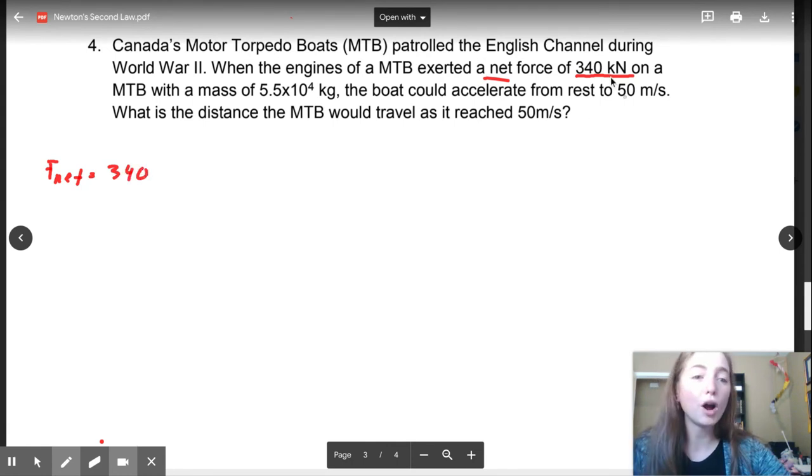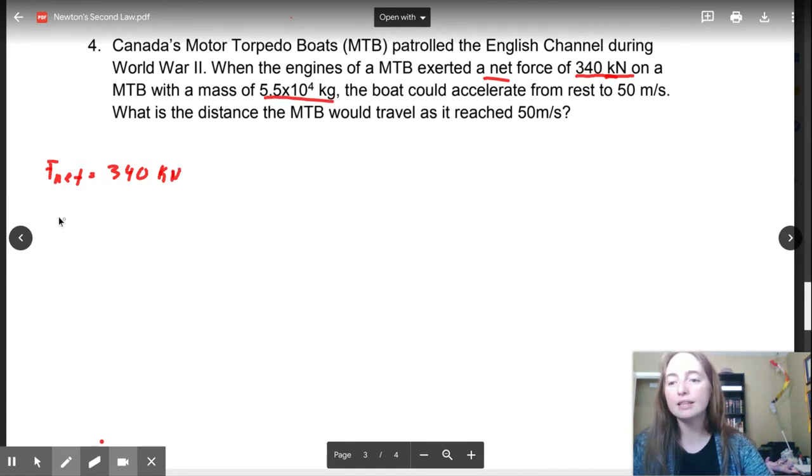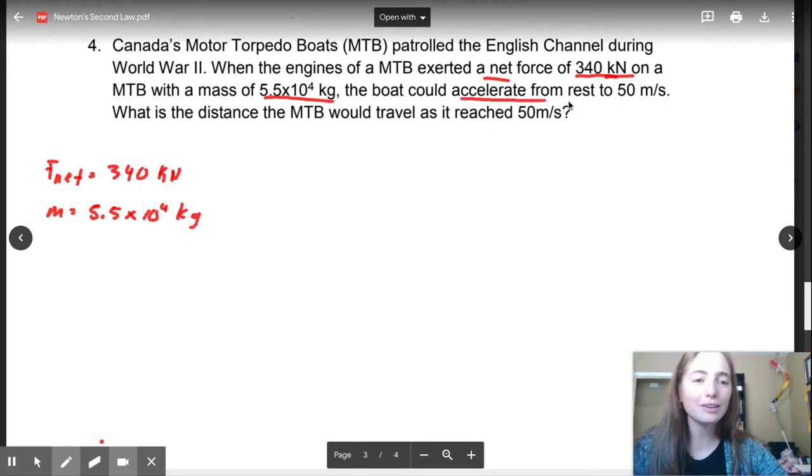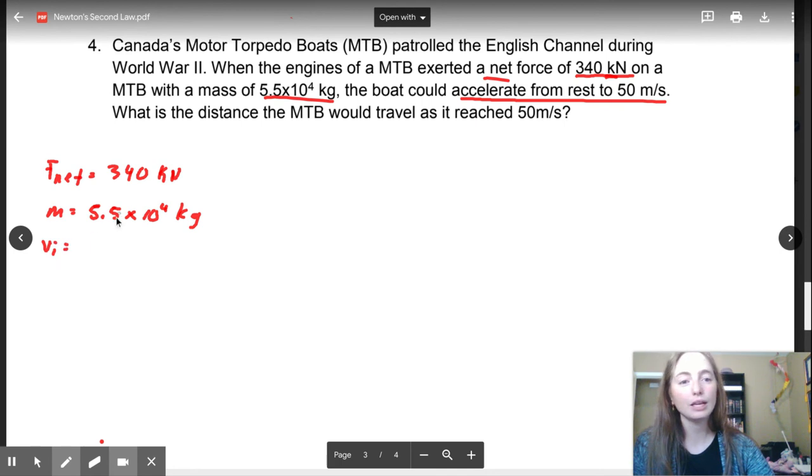Now watch your units, that's kilonewtons. On an MTB with a mass of 5.5 times 10 to the 4 kilograms, the boat could accelerate from rest. So from rest, VI is 0 meters per second to 50 meters per second.